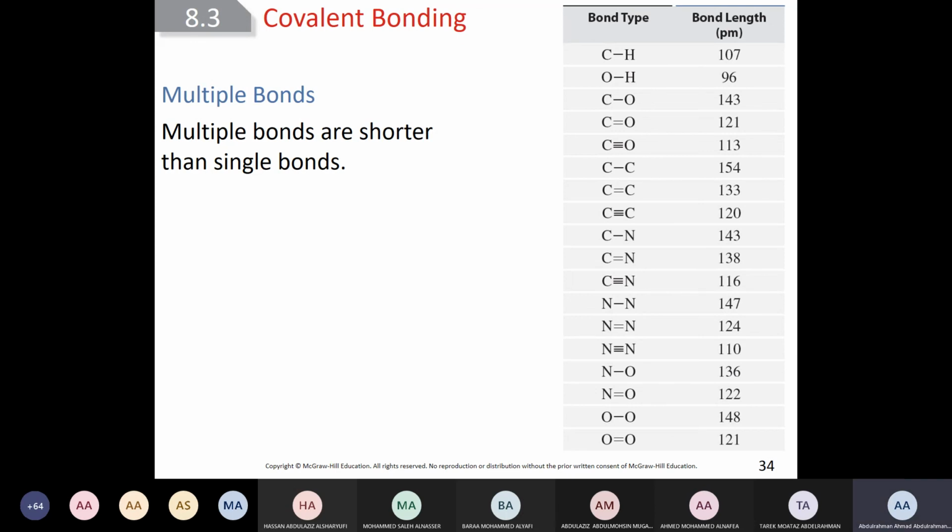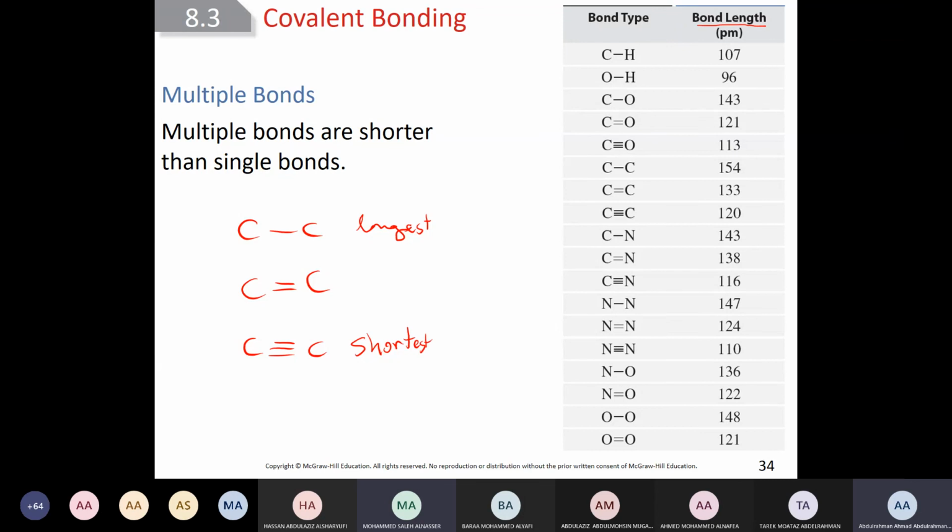Look at this table. This is the bond length. Now, I want you to compare C with C, C with double bond C, C with triple bond C. Which one will be the longest? The first. Which one is the shortest? The triple bond.